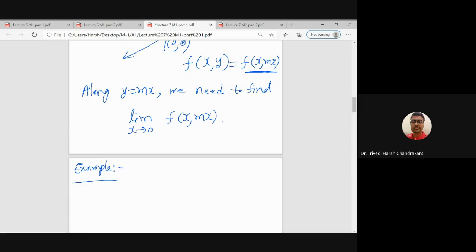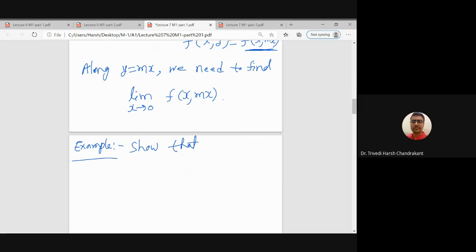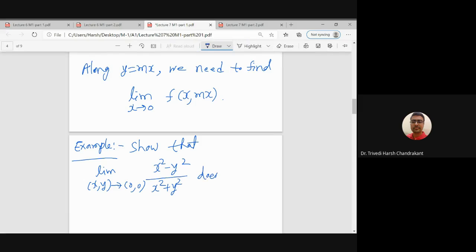So let us discuss one example that shows that the limit as (x, y) approaches (0, 0) of the function (x² − y²)/(x² + y²) does not exist.